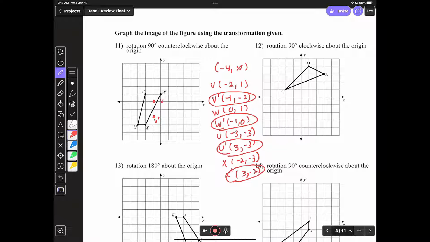U prime is 3, 1, 2, 3, so that's U prime, and 3, negative 2, that's X prime. And there's our rotation.